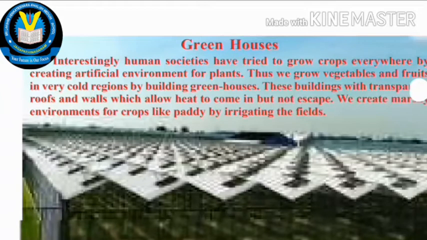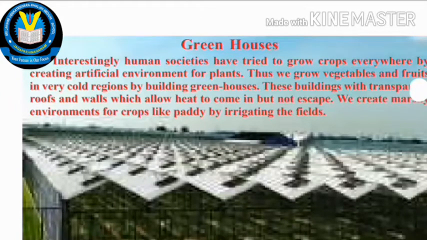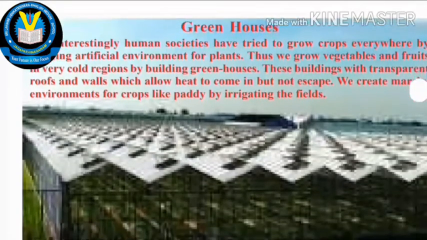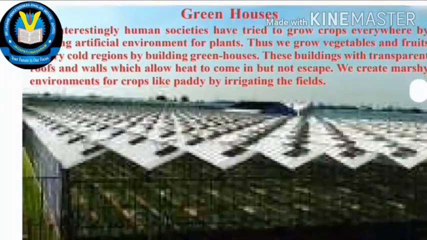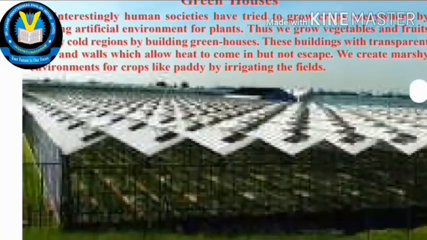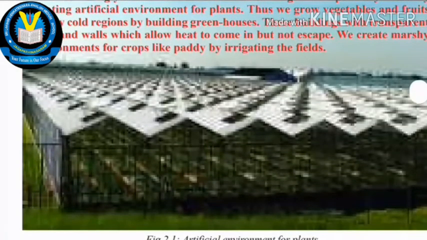Interestingly, human societies have tried to grow crops everywhere by creating artificial environments for plants. Thus, we grow vegetables and fruits in very cold regions by building greenhouses. These are buildings with transparent roofs and walls which allow heat to come in but not escape. We create marshy environments for crops like paddy by irrigating the fields.